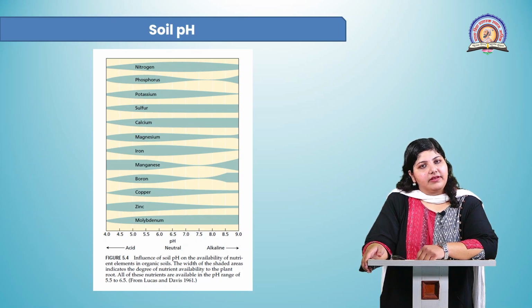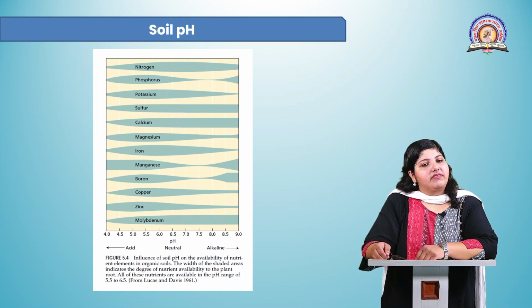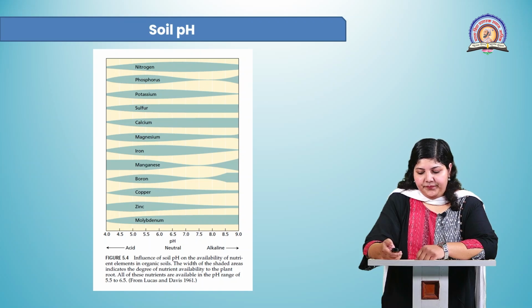Because of this acidity, in the same way protons are released, and these protons can be exchanged by different elements, and thus maximum elements are available in this acidic pH range, that is pH 5.5 to 6.5.